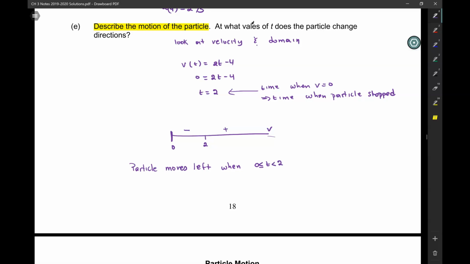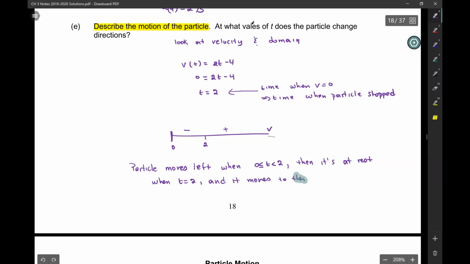Then it's at rest when T equals 2, and it moves to the right when T is greater than 2.